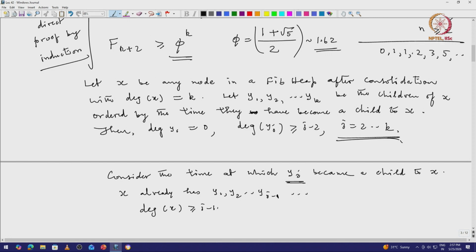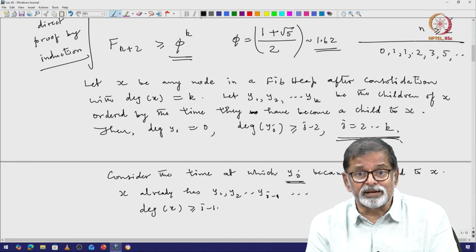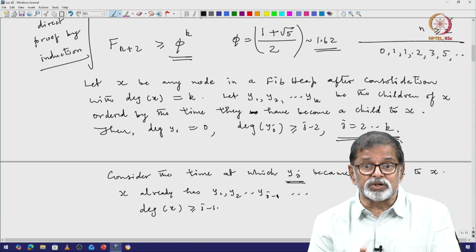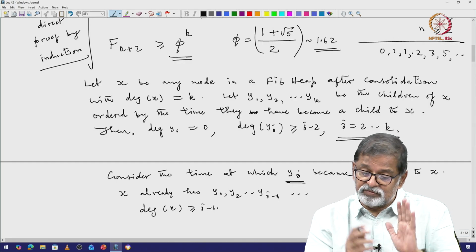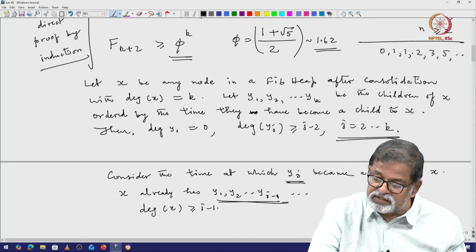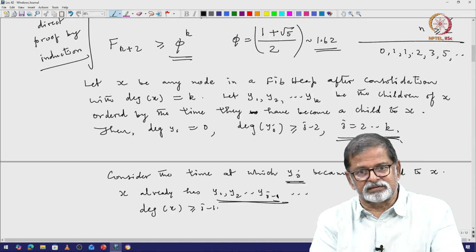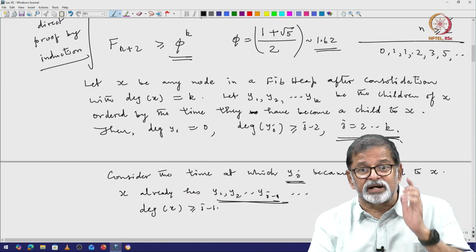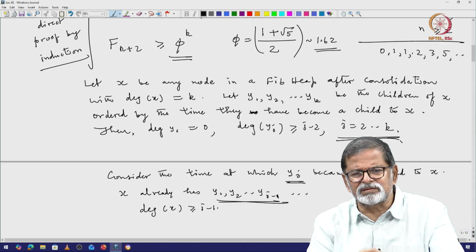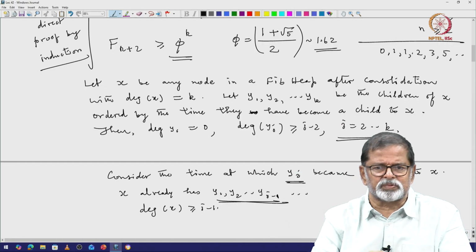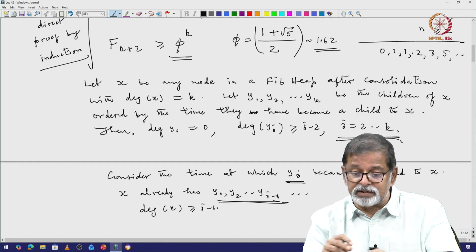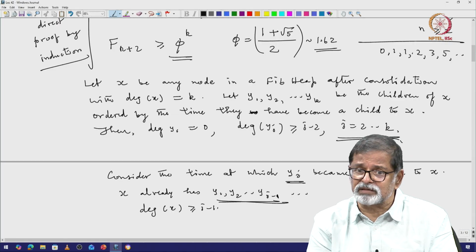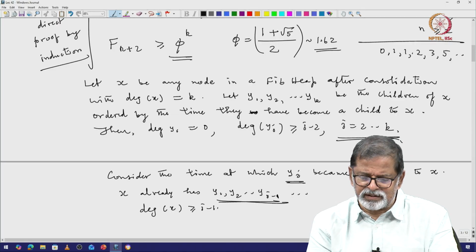When you are considering x as y1 to yk, at the time of introducing yi, x will definitely have all of the earlier ones, because these are surviving till the end. They are there at that time and they will be there even after that. But it might have lost some children by the cut property. But at the time of yi, maybe it had something more. It does not matter.